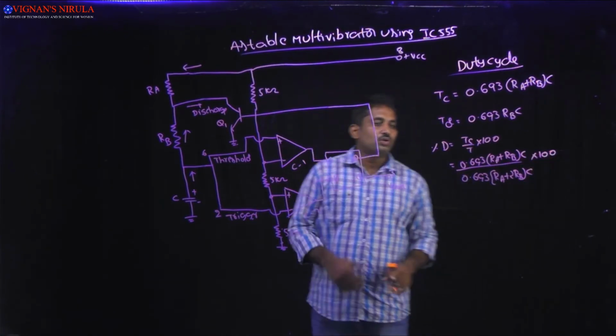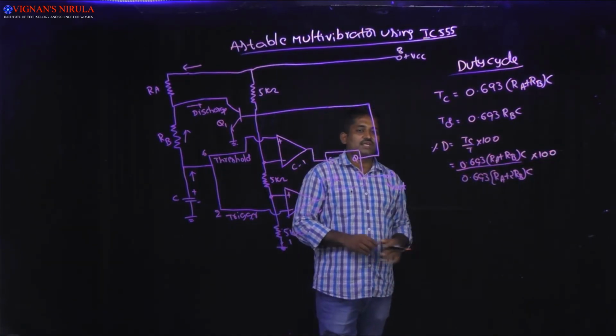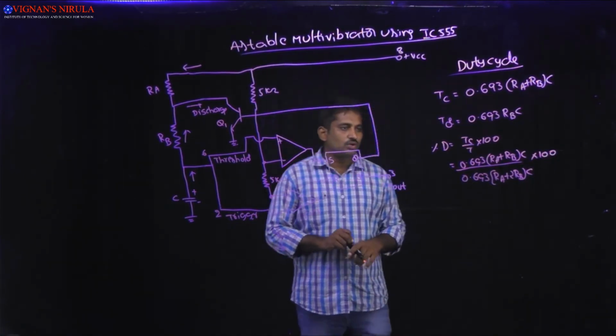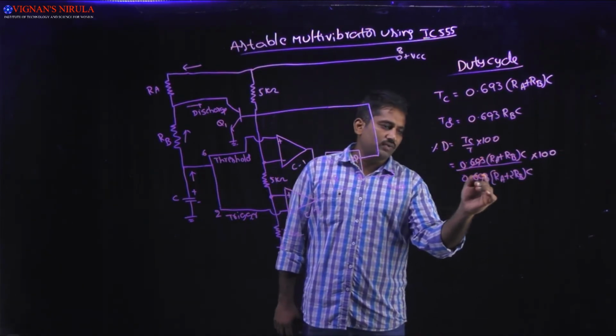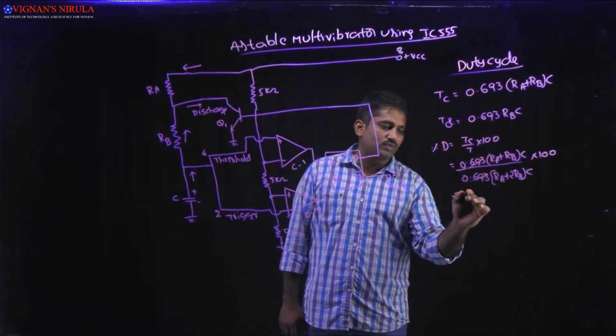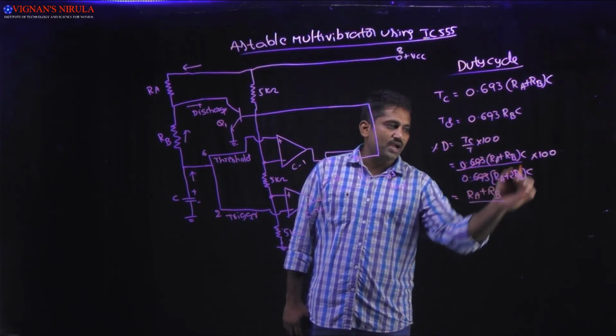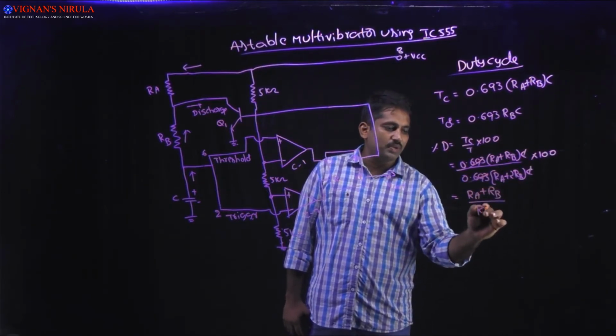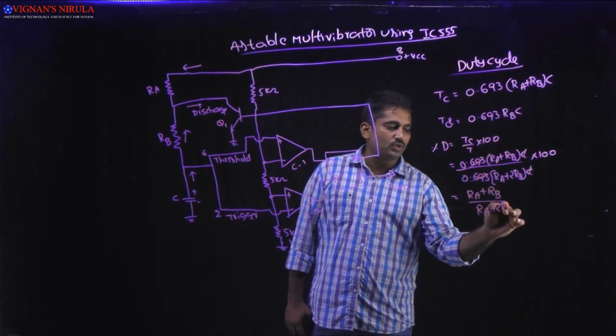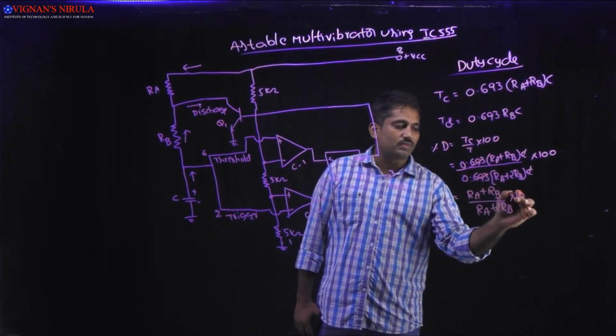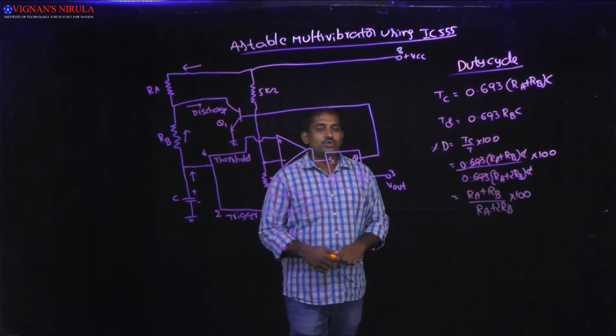Yes or no? Which is nothing but the percentage of duty cycle. So once we cancel these two terms, then we will get RA plus RB divided by RA plus 2RB into 100, which is nothing but the percentage of duty cycle.